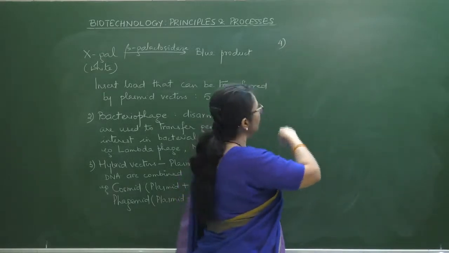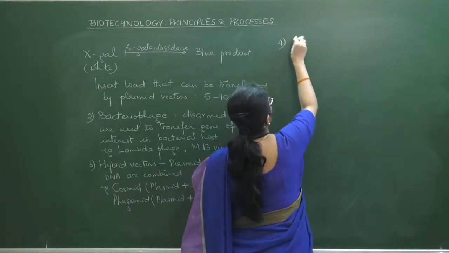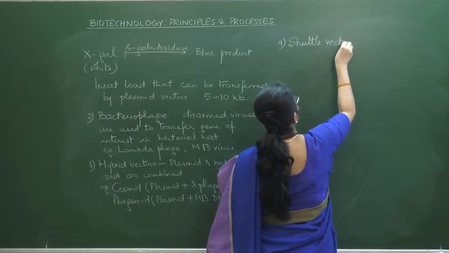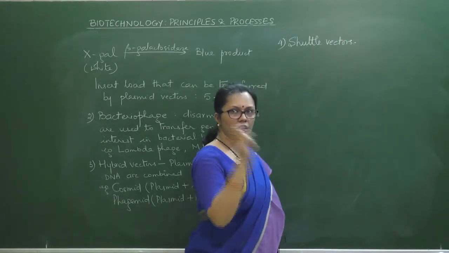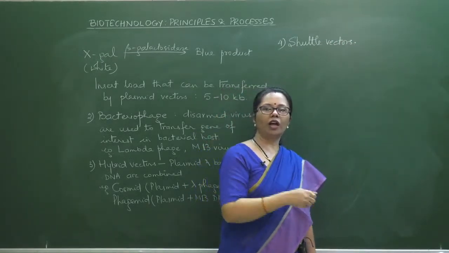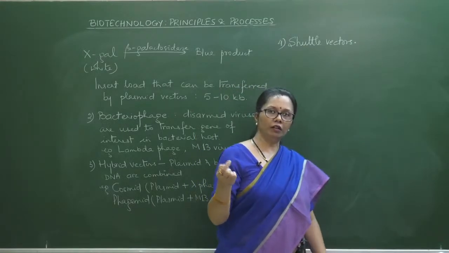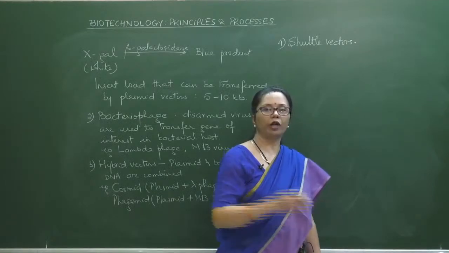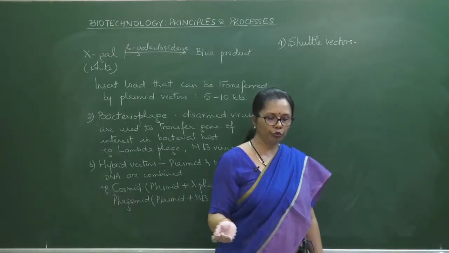Next one we can mention is the shuttle vectors. Now shuttle vectors, just like a shuttlecock, can transfer DNA, or they can be used in a prokaryote as well as in a eukaryote. So they can move from prokaryote to eukaryote.